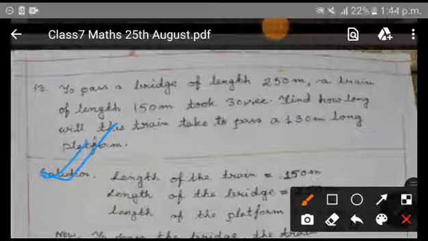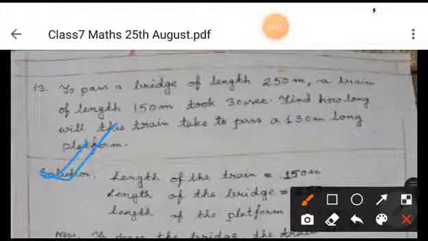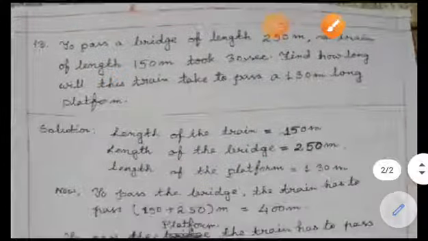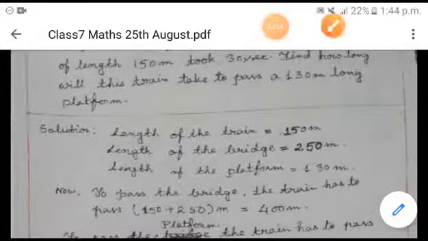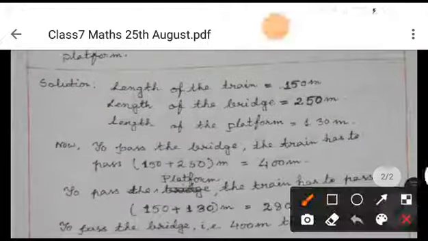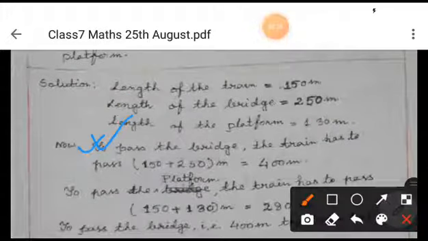So here let's come to the solution. At first it is written the length of the train is 150 meters, the length of the bridge is 250 meters and the length of the platform is 130 meters. Now we will have to add the lengths. So to pass the bridge, the train has to pass 400 meters. How? 150 plus 250 meter, we get 400 meter.